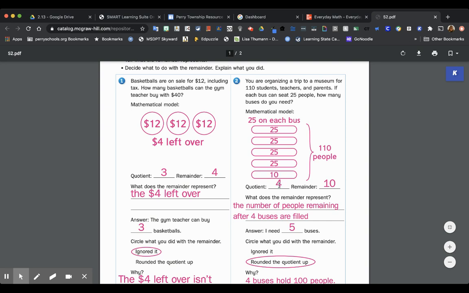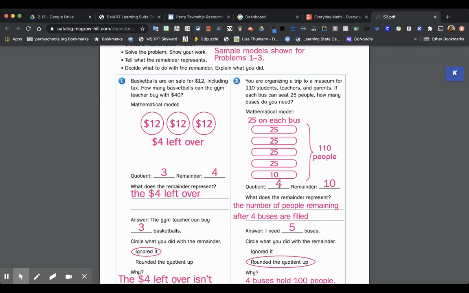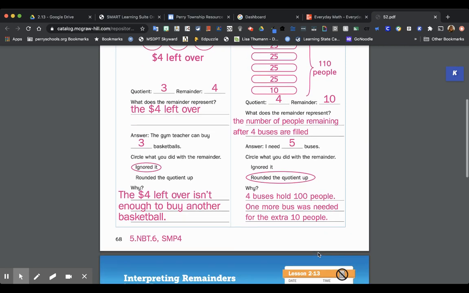So we know that 110 divided by 25 is going to be 4 with a remainder of 10, and you can see that from this image here. And the 10 represents the number of people remaining after the 4 buses are filled. But we need everybody to go. So we're going to have to round that quotient up and have 5 buses total.